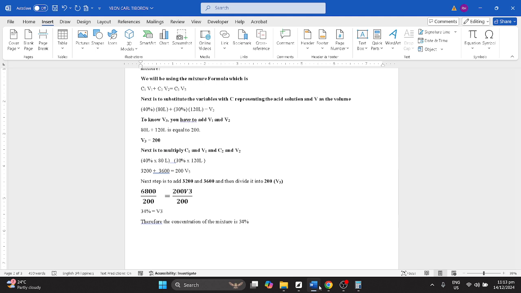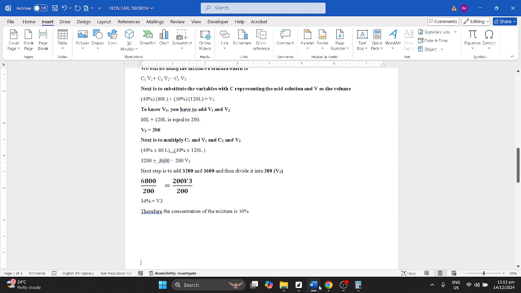Next is to multiply C1 and V1, and C2 and V2. 40% multiplied by 80 liters is 3,200, and 30% multiplied by 120 liters is 3,600, with the value of V3 being 200.